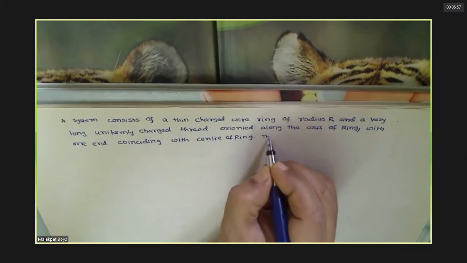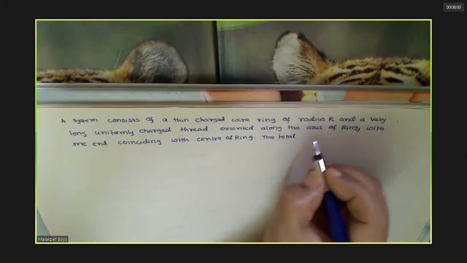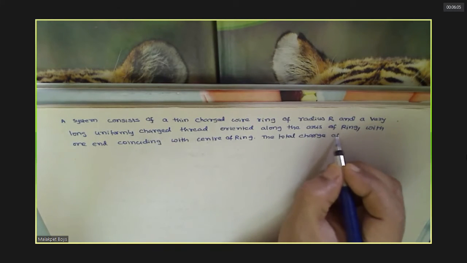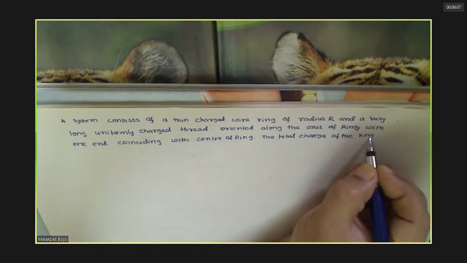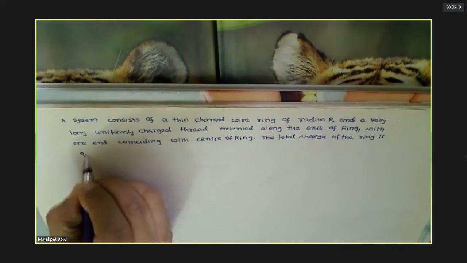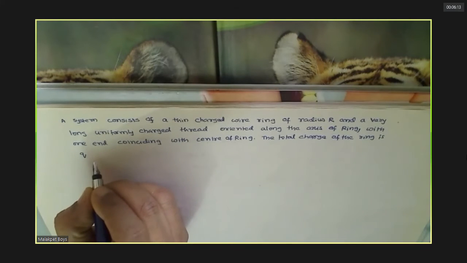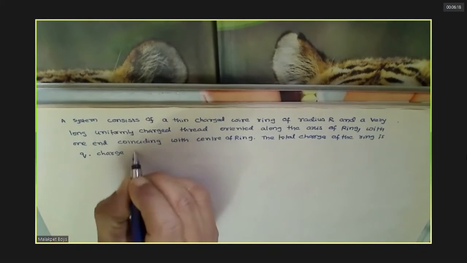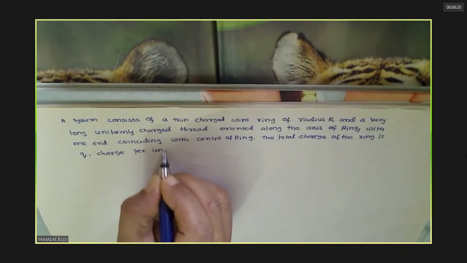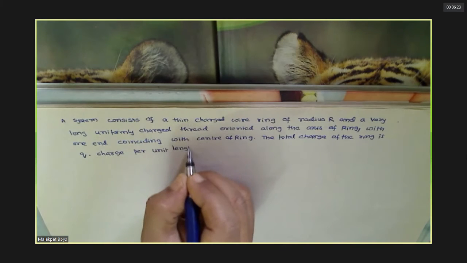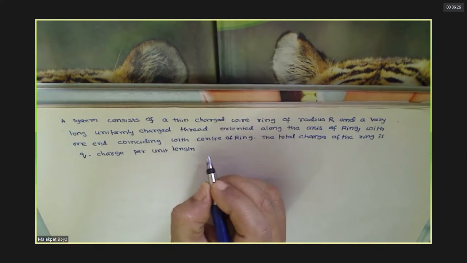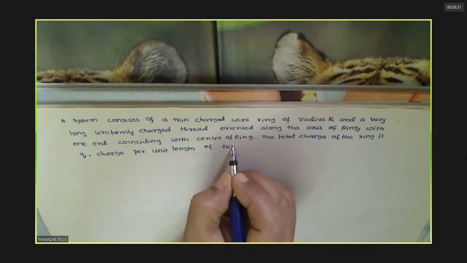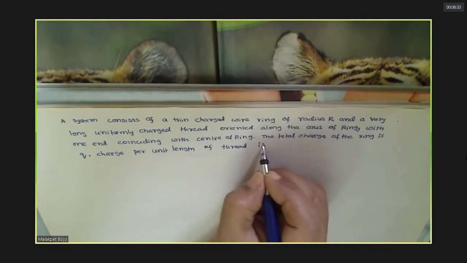The total charge of the ring is Q. The charge per unit length of the thread is lambda.